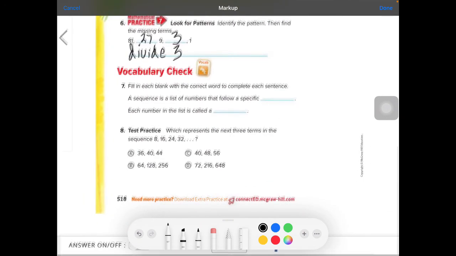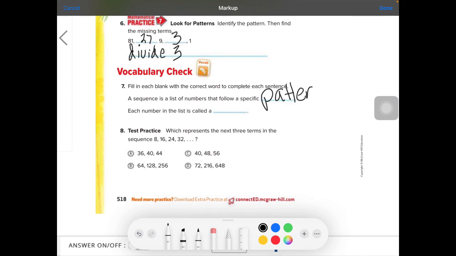There's our answers. Fill in the blank with each correct word to complete each sentence. A sequence is a list of numbers that follow a specific pattern. We've been finding the pattern. Each number in the list is called a term.